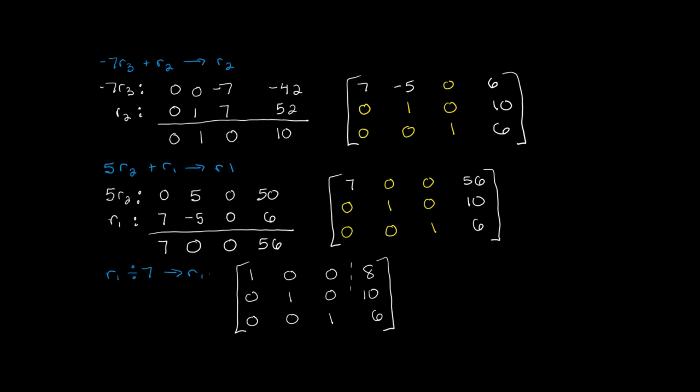And so now we've got that identity matrix on the left, and so we have our answers. We have x is equal to 8, y is equal to 10, and z is equal to 6. And so when you write it as an ordered pair, you've got 8, 10, 6, because it goes in alphabetical order.